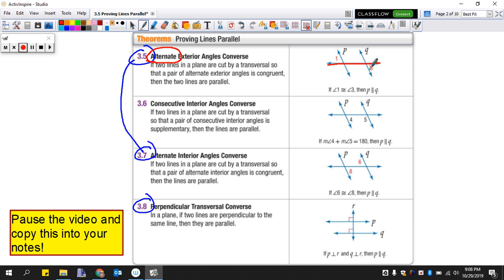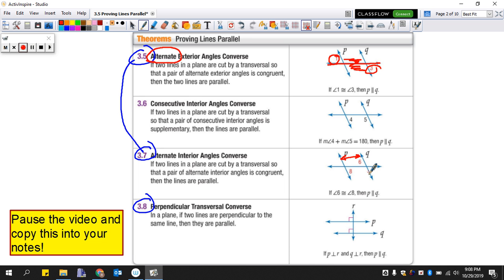So they're on opposite sides of the transversal, which means they're alternate, and 1 and 3 are both on the outside. They're not between. This right here is the interior. This is the exterior because they're on the outside of it. So they're alternate exterior angles. Alternate interior, opposite sides: 6 is above it, 8 is below it, and they're between the two parallel lines. So that means that they're interior.